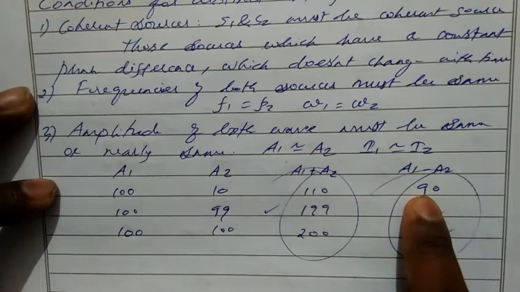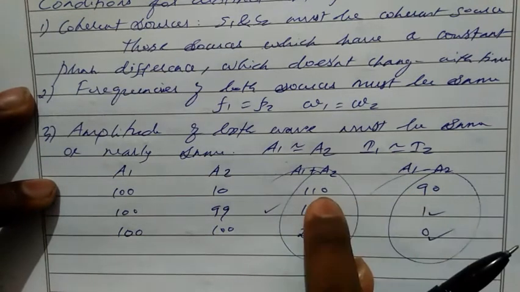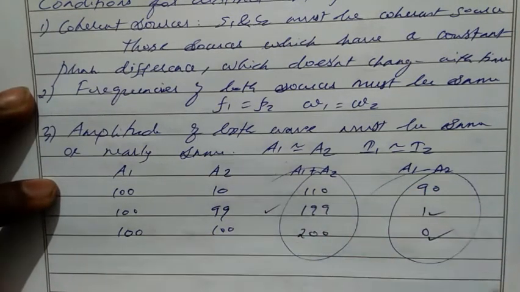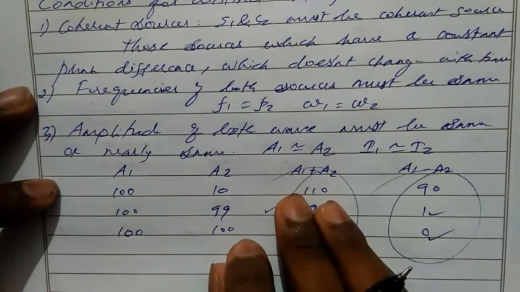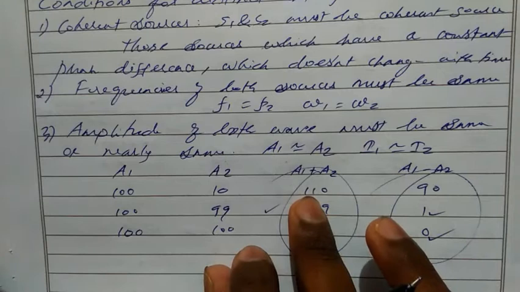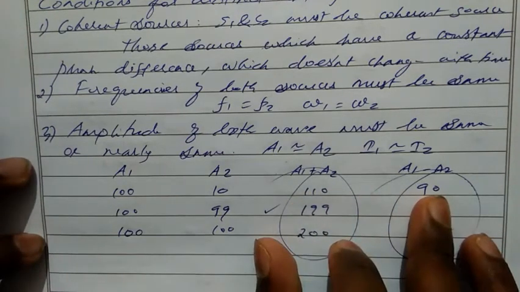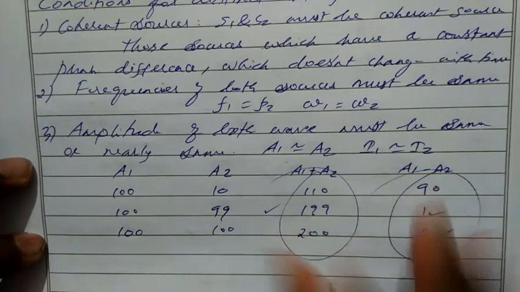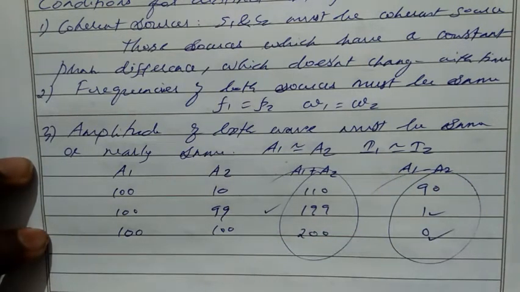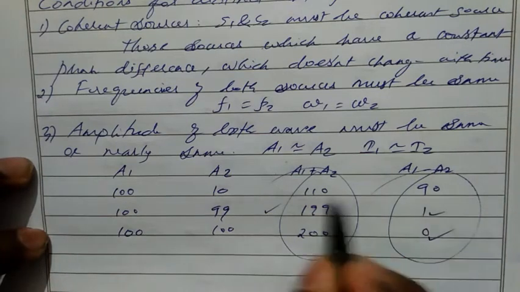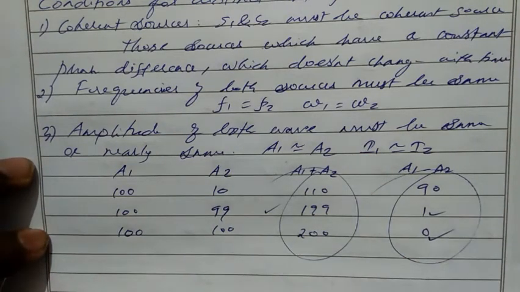For this case, it is 90 here and 110 here. So both seem like a bright spot. For constructive interference we have a bright spot, but for destructive interference we should have dark. Instead of dark, here also we have somewhat bright, nearly equal brightness to the constructive interference.